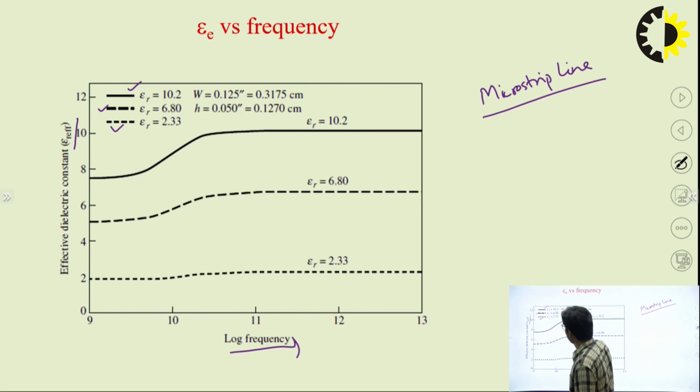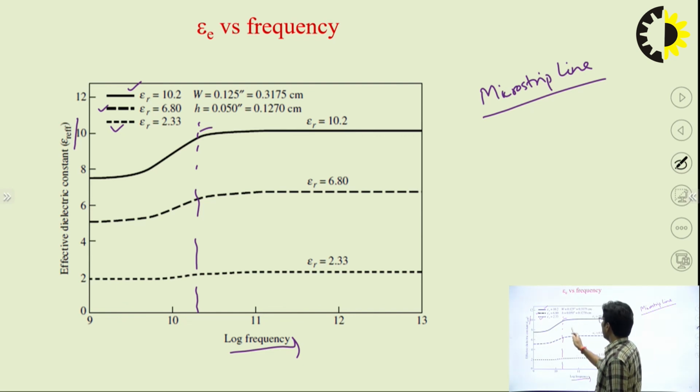Here you can see up to this point there is a little bit of change. It is varying with respect to the frequency, but from a certain frequency it gets saturated, right? At lower frequency, less than 11 gigahertz, it depends on the frequency, but on the higher side it gets saturated.